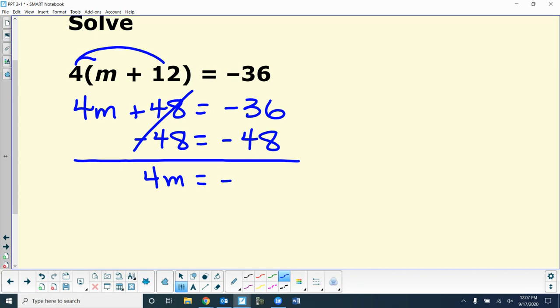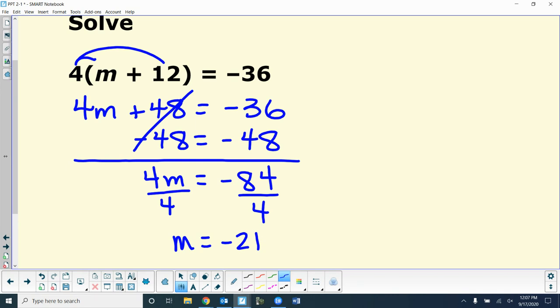Negative 84, right? Autumn, now what? Yeah, this is 4 times m, so to move it to the opposite side, we divide by 4, do the opposite. Close. Don't forget about your negative sign. A negative divided by a positive is a negative.